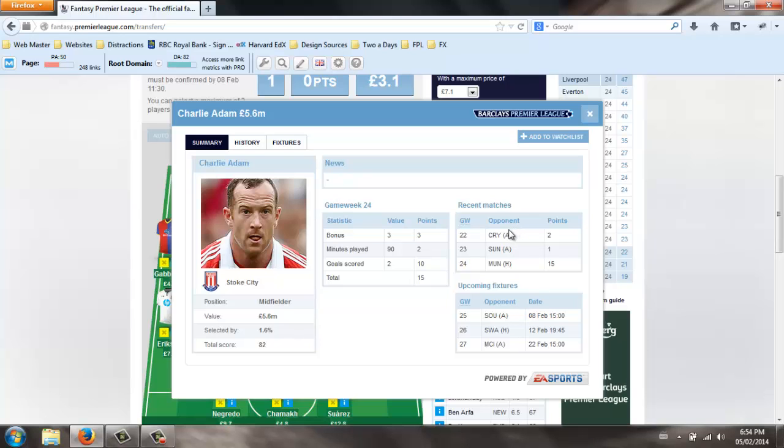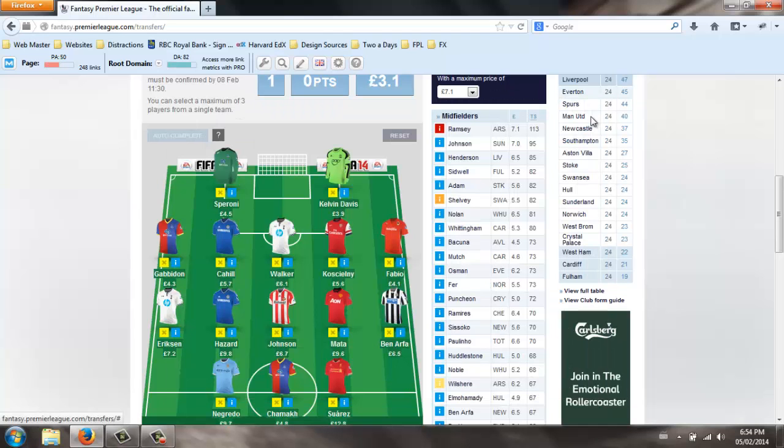So really, the opportune moment would have been to get him at Crystal Palace. And then, 18 points over 3 games isn't bad, and then you got another 2 against relatively mid-table teams, and that's probably going to yield him some points as well. So again, use those criteria to choose who you think is going to be a good differential for you.